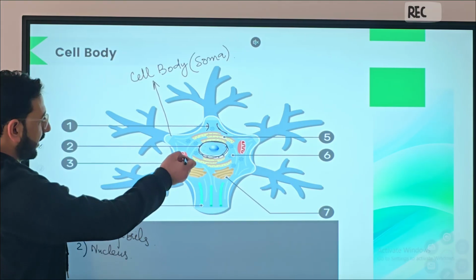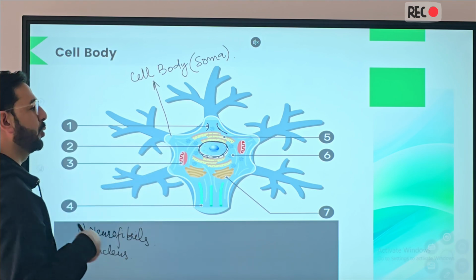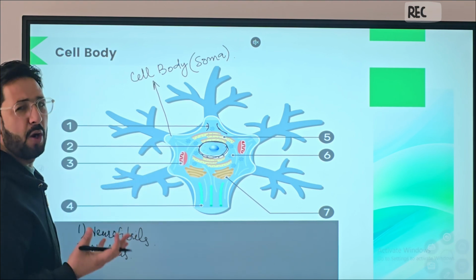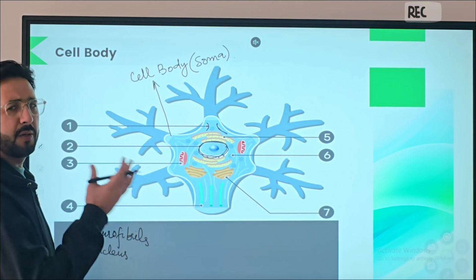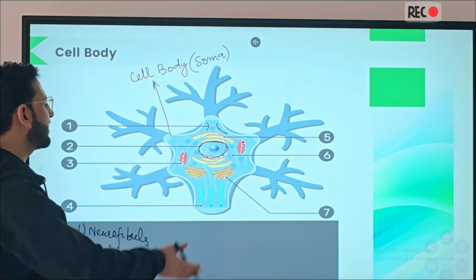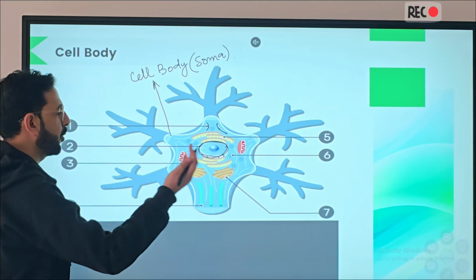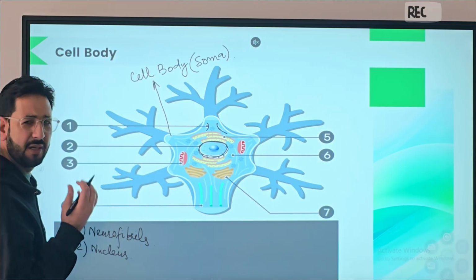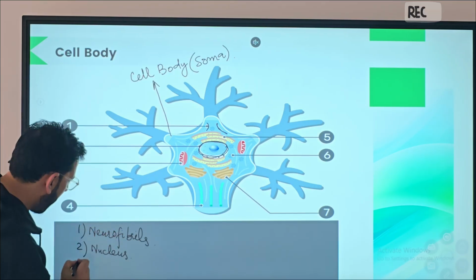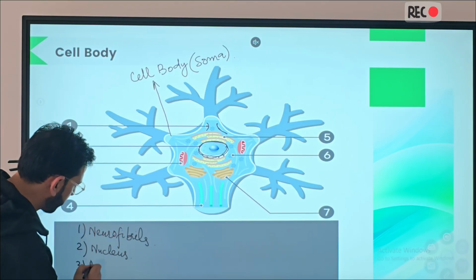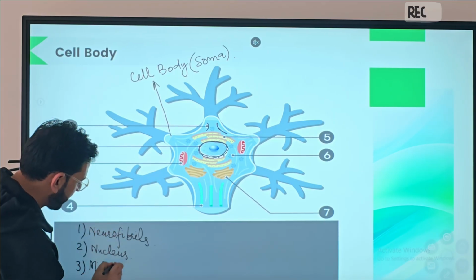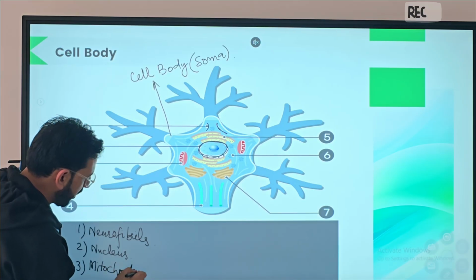Now the third thing, because this neuron has to use a lot of ATP, a lot of energy for doing all the metabolic processes, this energy is provided by an important cell organelle. We all might be aware of that, and that is our mitochondria. So mitochondria is also present there inside the neuron cell body.